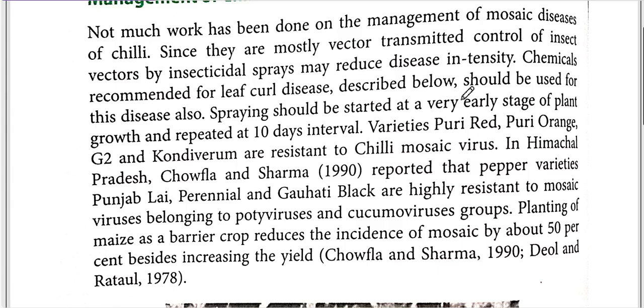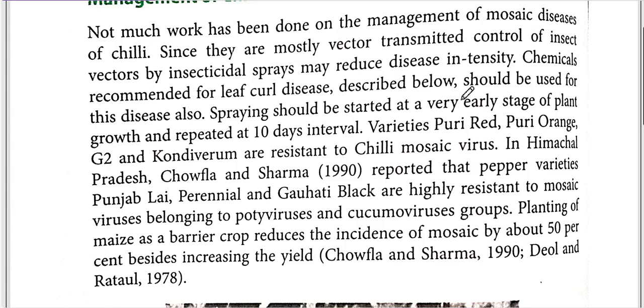Varieties Puri Red, Puri Orange, G2, and Condiverum are resistant to chilli mosaic virus in Himachal Pradesh. Chofla and Sharma 1990 reported that pepper varieties Punjab Lal, Perennial, and Guwahati Black are highly resistant to mosaic viruses belonging to potyvirus and cucumovirus groups.